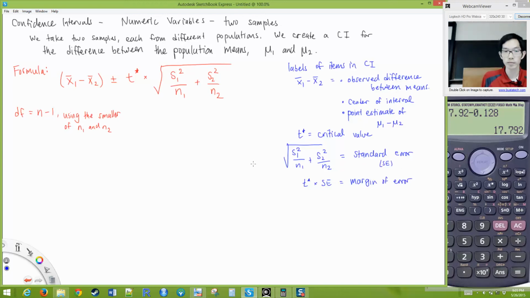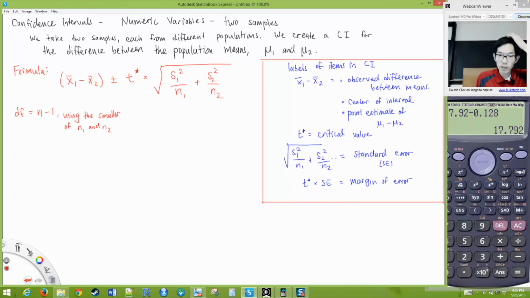Standard error 2 or 1? I'm sorry? Where are you talking about? Inside the square root right here? S2 squared. Okay.